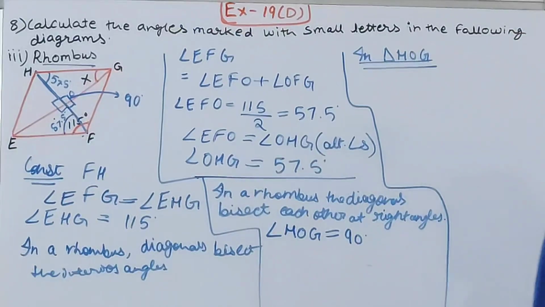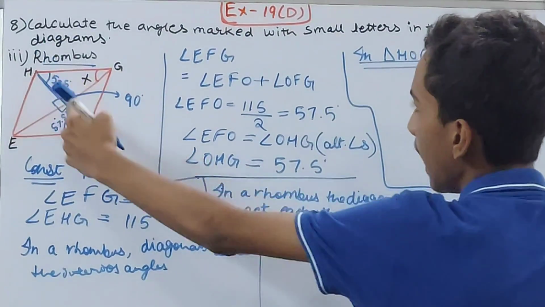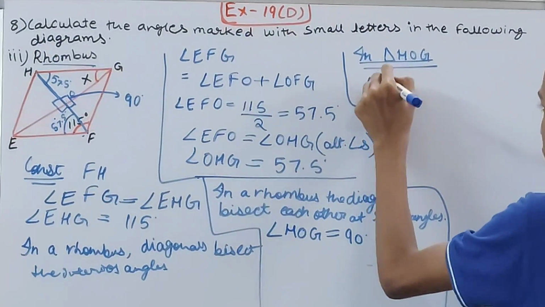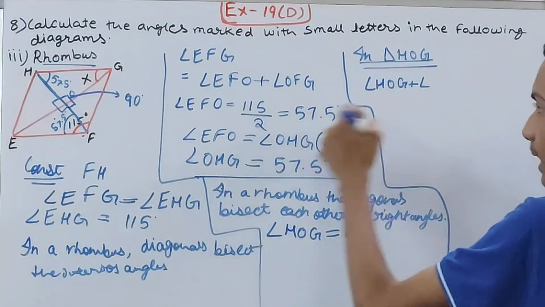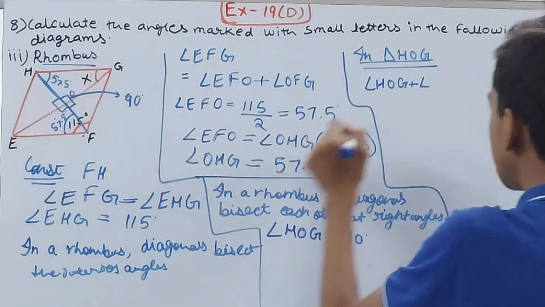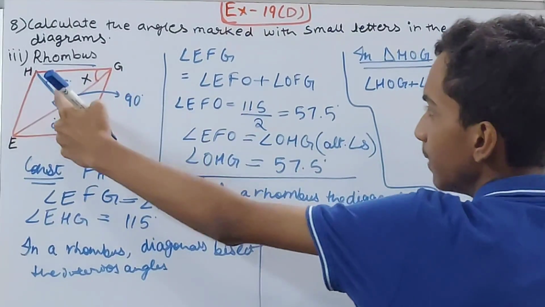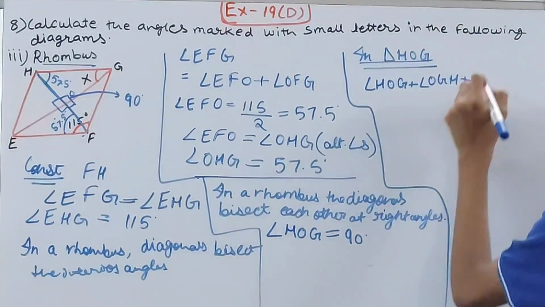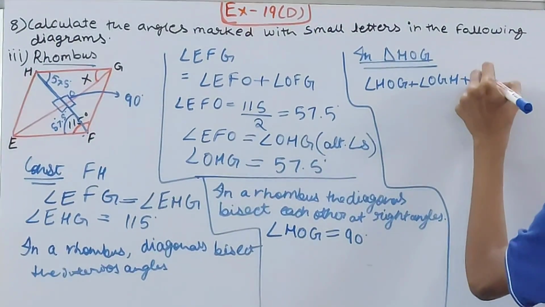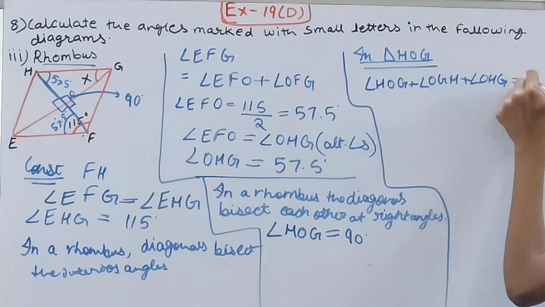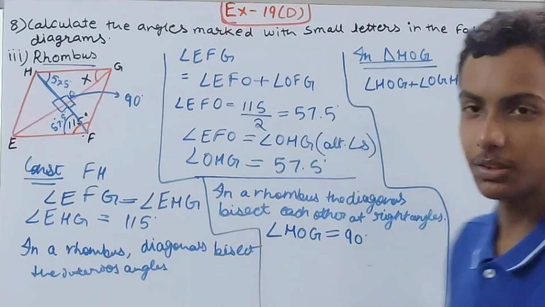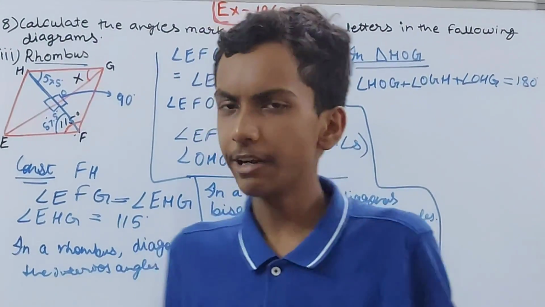Yes, let's do that. So in triangle HOG, angle HOG plus angle OGH plus angle OHG is equal to 180 because the sum of all three angles of a triangle is 180 degrees.